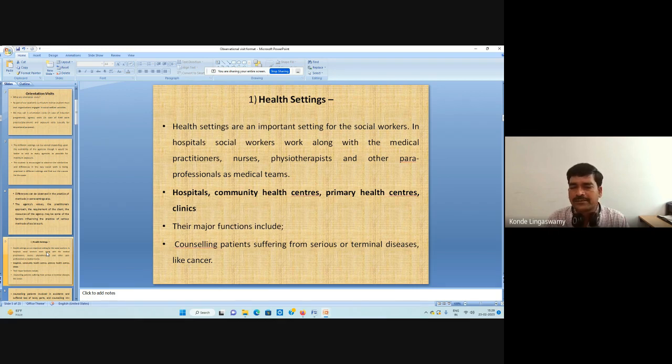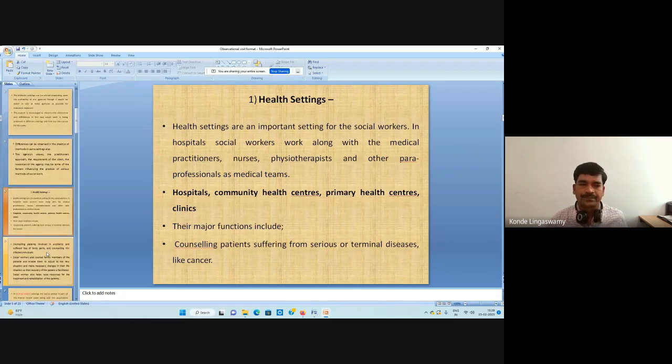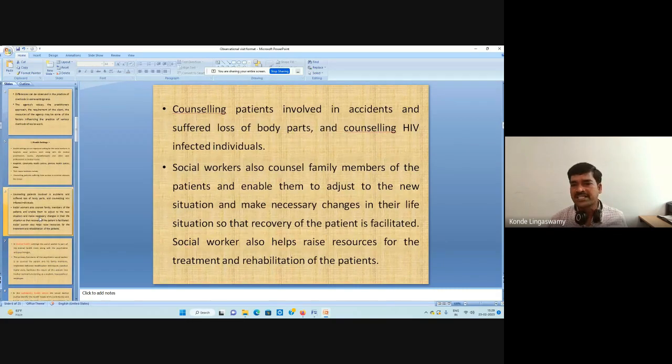Multiple roles are played by the social worker in a health setting. For example, counseling patients suffering from serious or terminal diseases like cancer, and counseling patients involved in accidents who suffered loss of body parts.